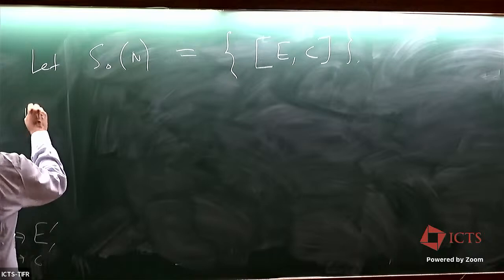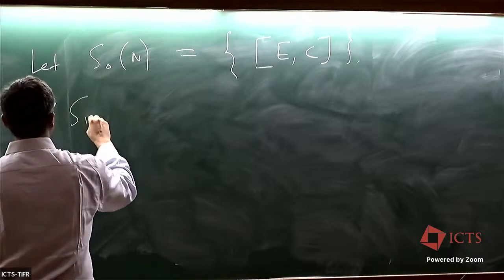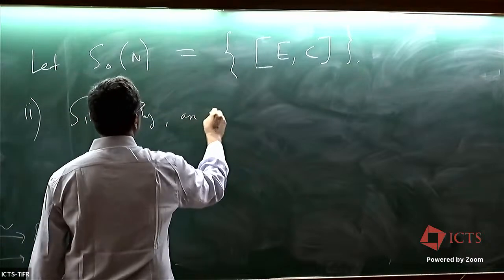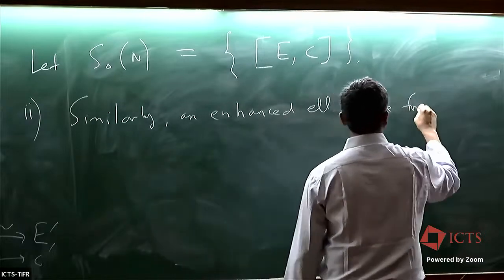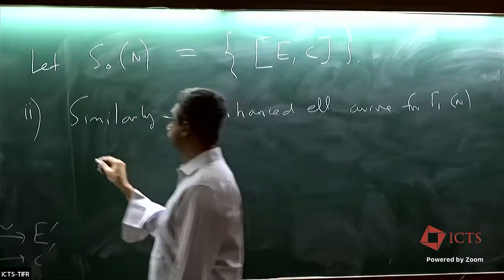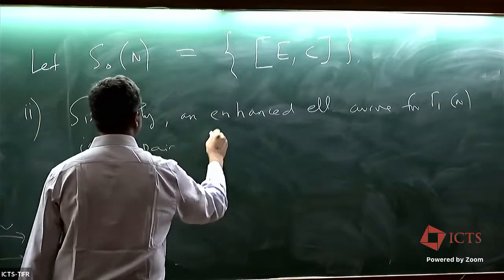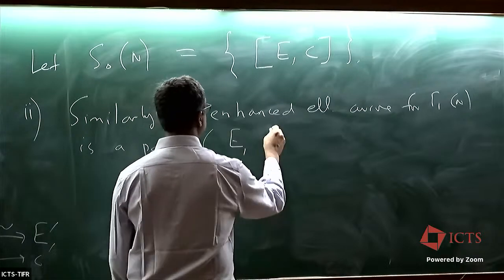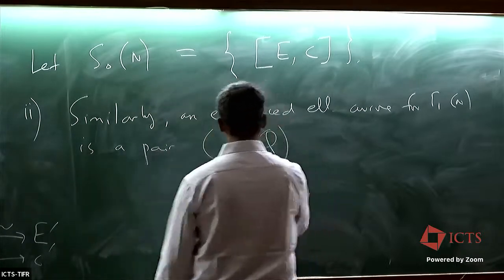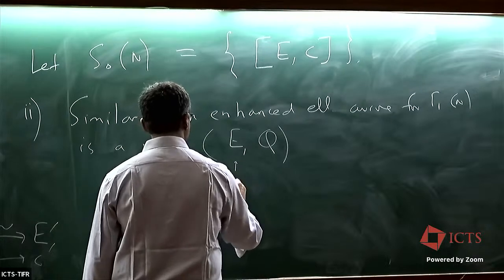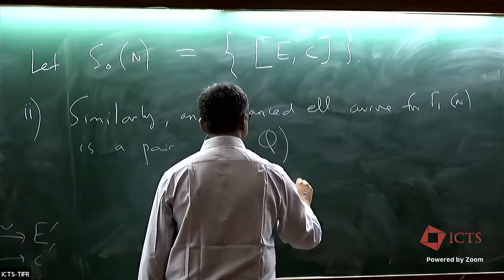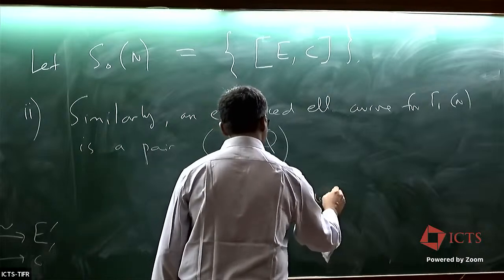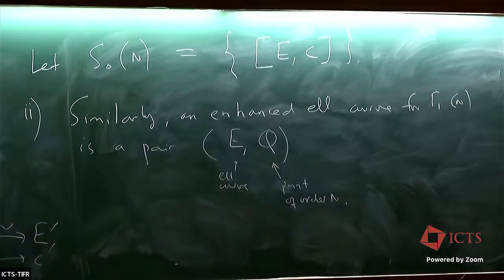Similarly, one can make this definition twice more. An enhanced elliptic curve for Gamma 1 N is a pair consisting of an elliptic curve, a complex torus, not writing over C each time, and a point Q of order N in the elliptic curve.